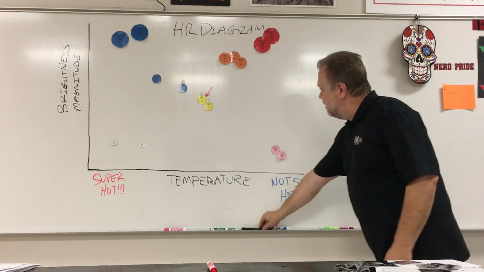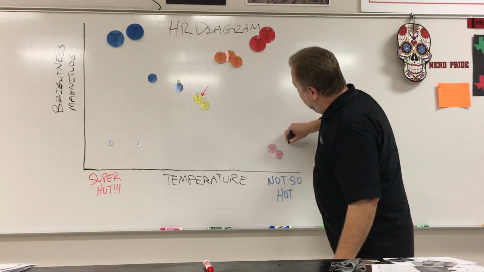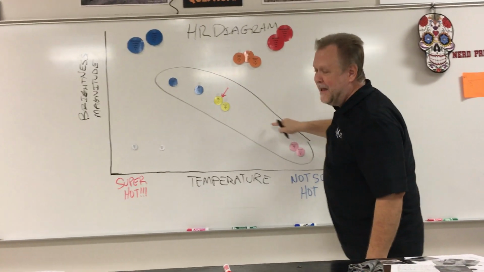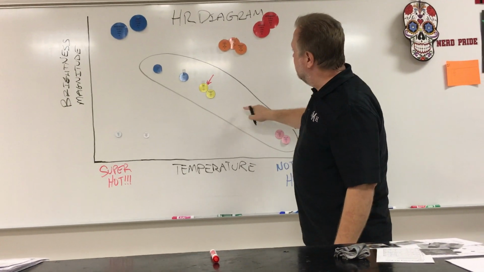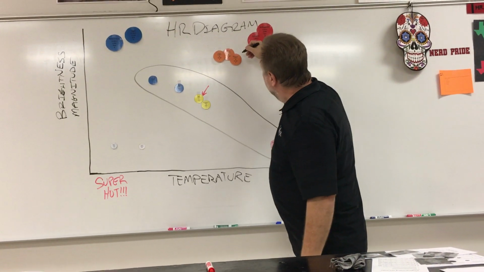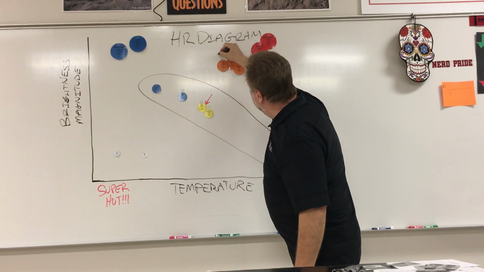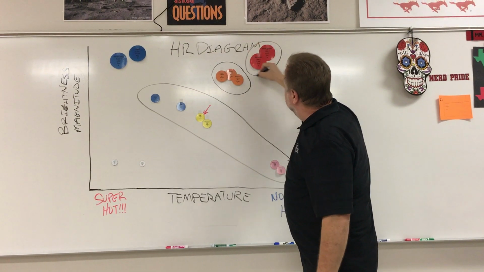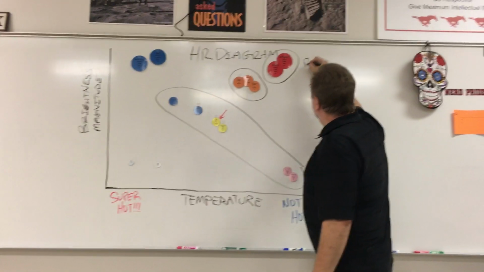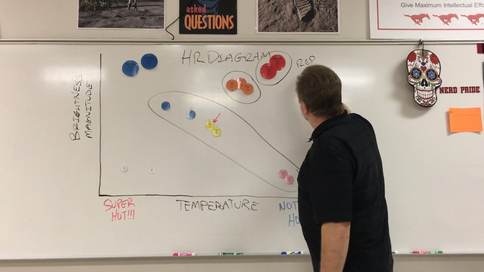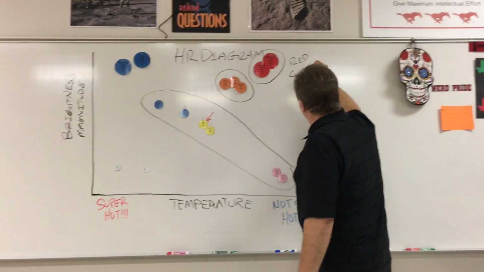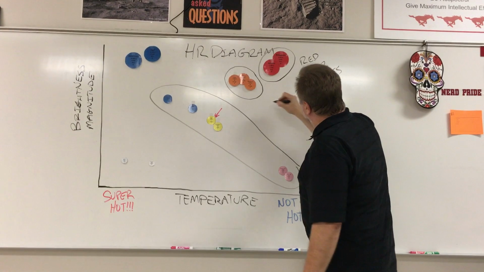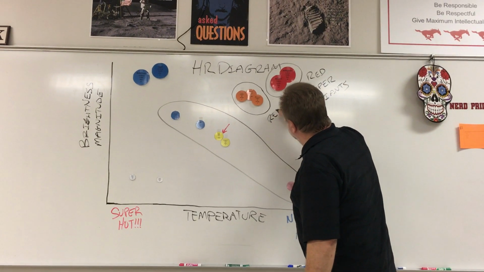So what do we see right here? These right here are called the main sequence stars. These are main sequence. These are the red giants right here, and these are the red supergiants. These are called supergiants because they are super big. These are just called the red giants.